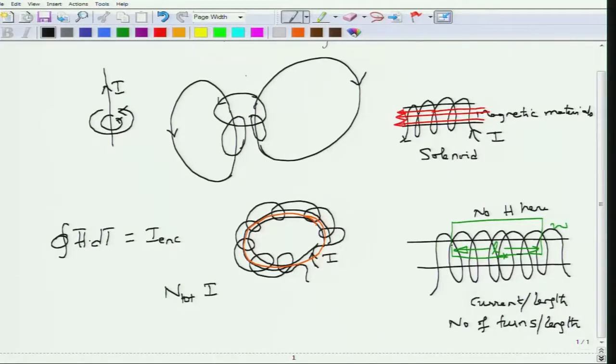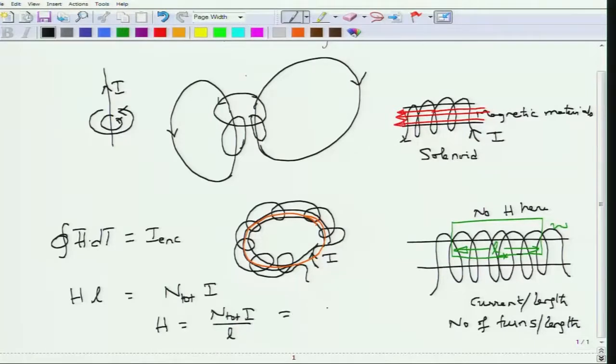So there will only be one field, which would be H, and the length of that one is L, so this would be H into L, equal to the total current enclosed. Therefore the magnetic field H, which would be along the axis of the solenoid, will be given by total turns in that loop times I by L.